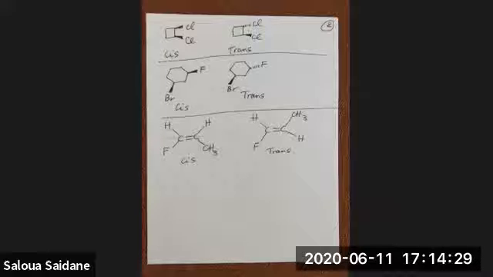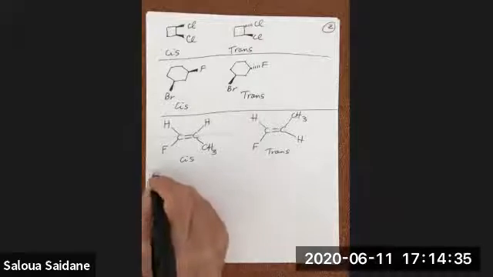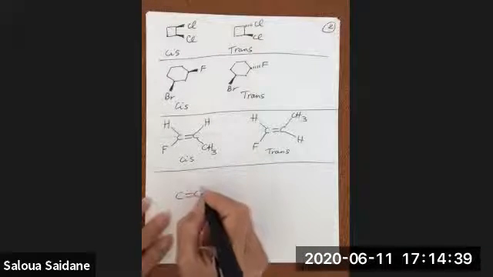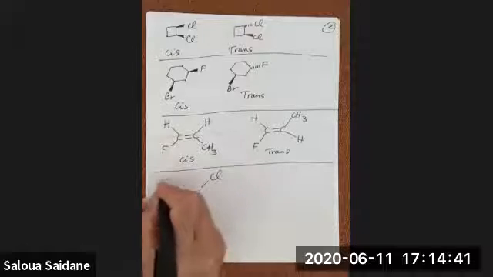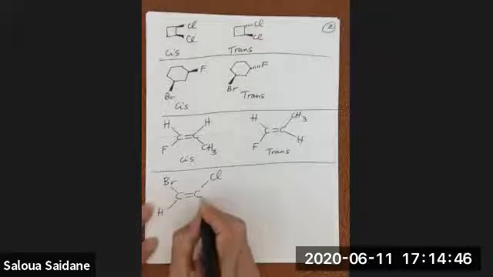Now, what if we have something like this? C double bond C, Cl, Br, H, CH3.